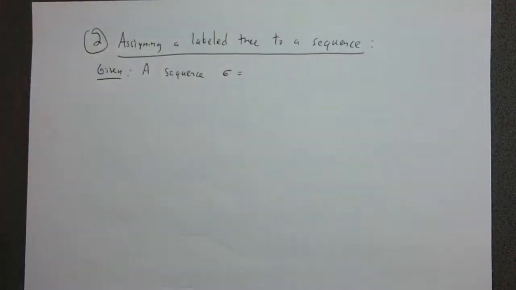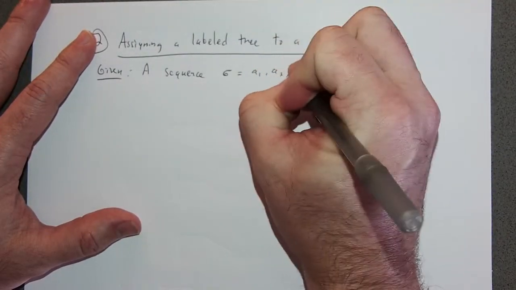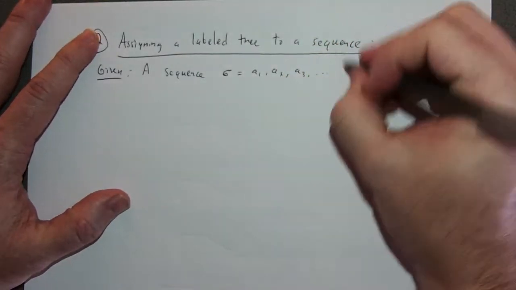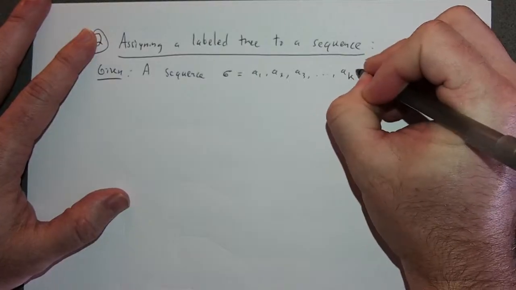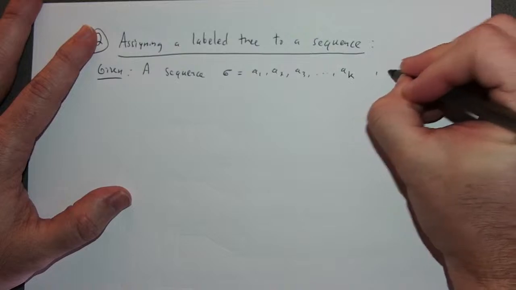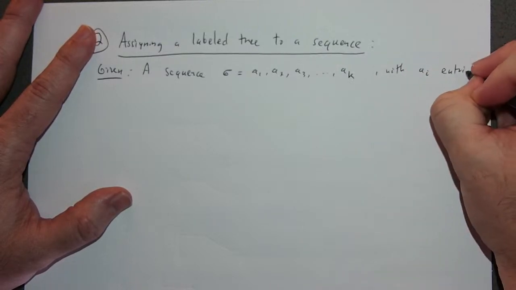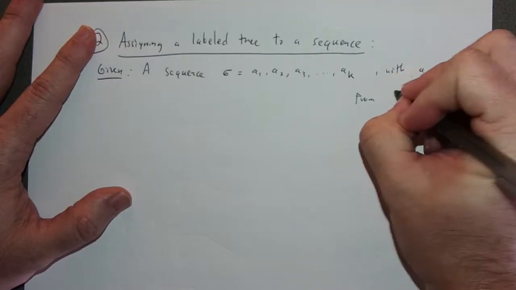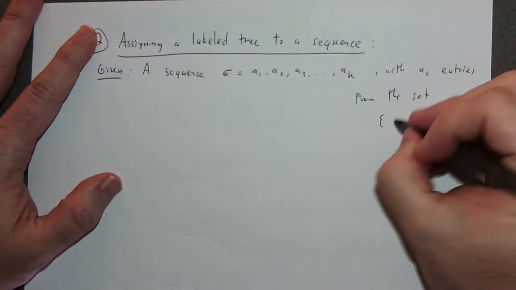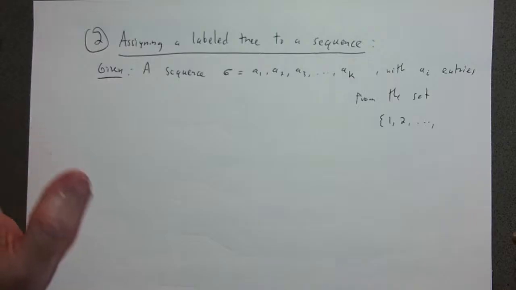The sequence will consist of characters A1, A2, A3, and so on, out to A sub k, with each A sub i entries from the set 1, 2, and so on, up to k plus 2.